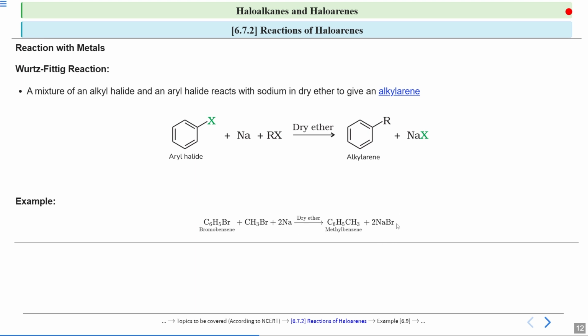Your sodium halide is eliminated as a side product, and methyl benzene is your major product in this Wurtz-Fittig reaction. You have to perform this reaction in the presence of dry ether.